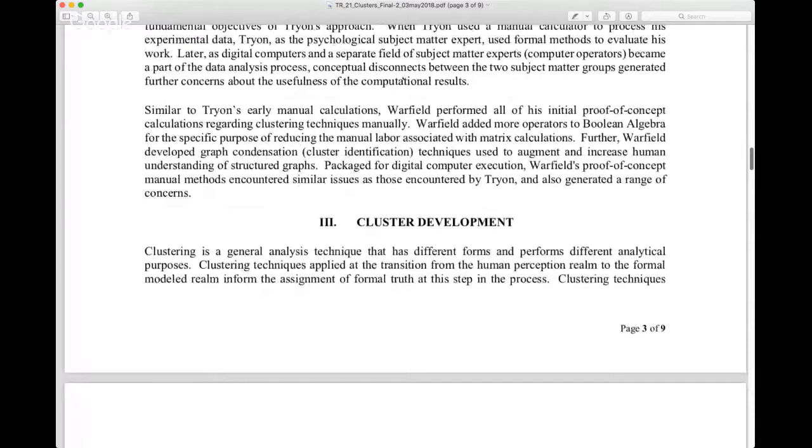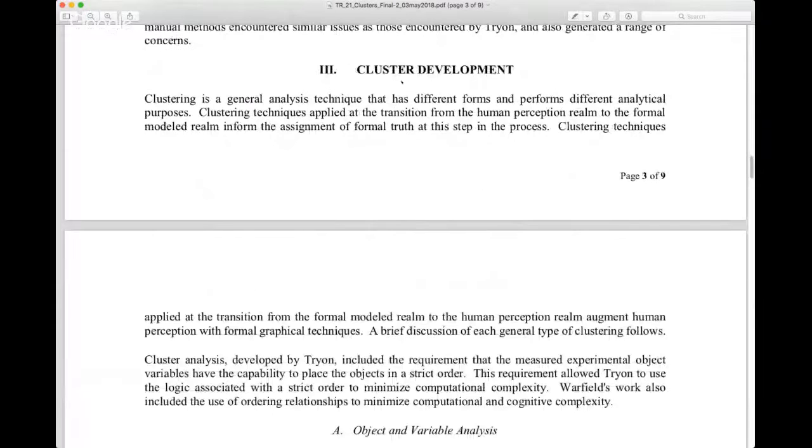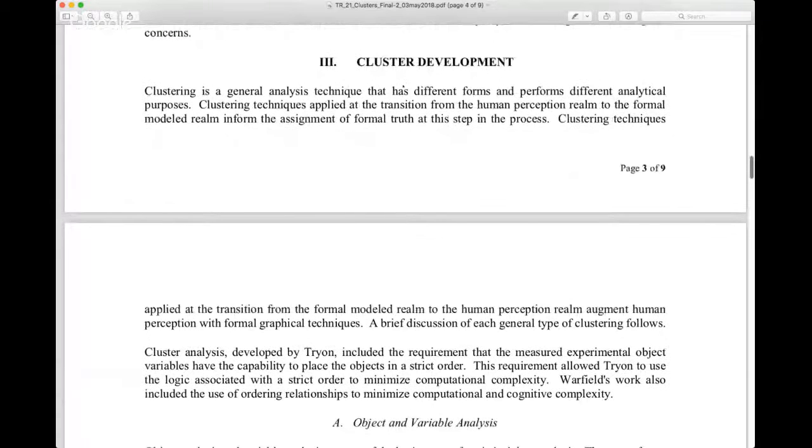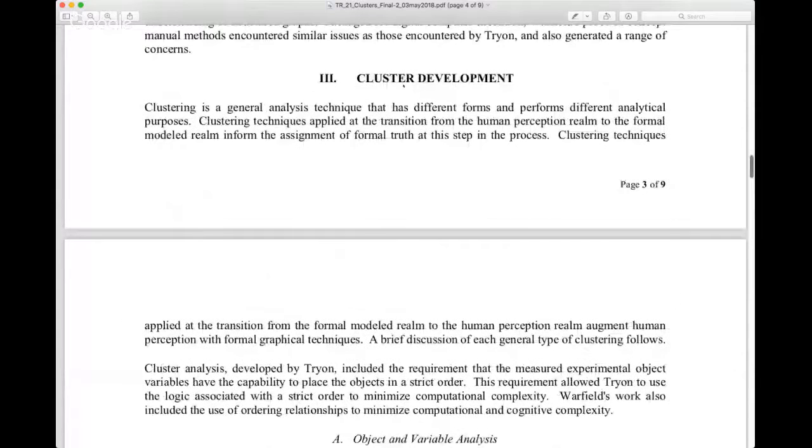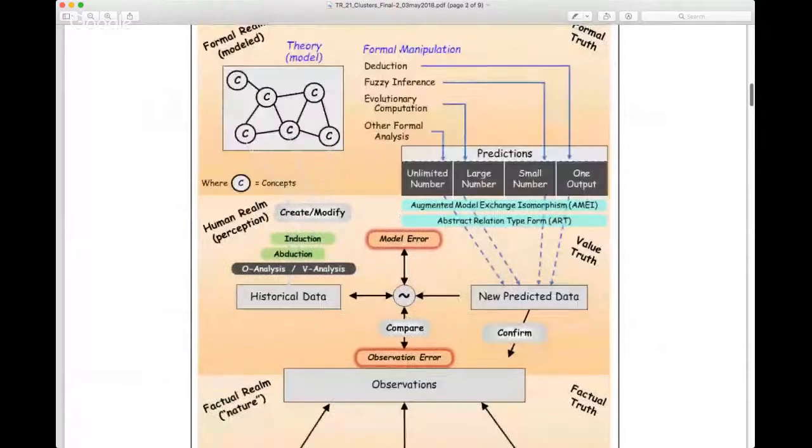Okay, so the cluster development. Again, I think the main thing we want to say here, going back to the chart, is that object analysis and variable analysis are here on the left-hand side in the human perception realm. We have historical data.